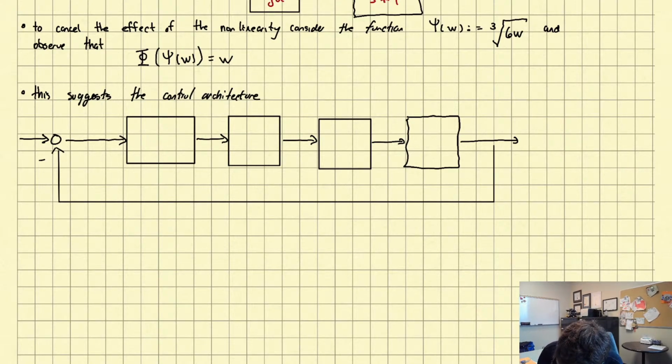This was the output y, the input u to our plant. The plant, remember, was this nonlinear term, phi, followed by this linear part.